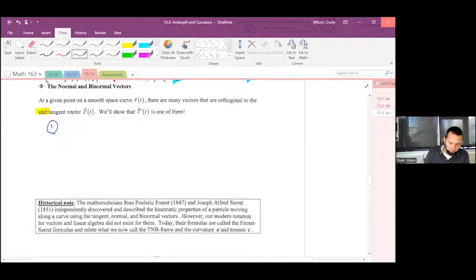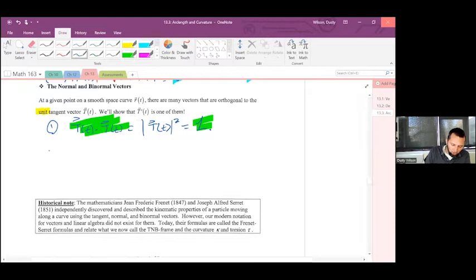So step 1, we're going to look at T of t dotted with itself. You may remember that T of t dotted with itself is equal to the magnitude of T of t squared, which, since T of t is a unit vector, is equal to 1. So the second thing we're going to do is differentiate both sides of this equation, that T dot T equals 1.